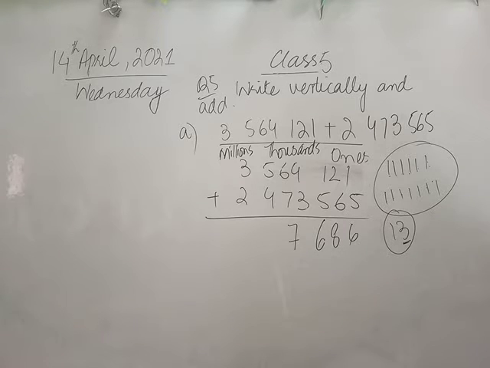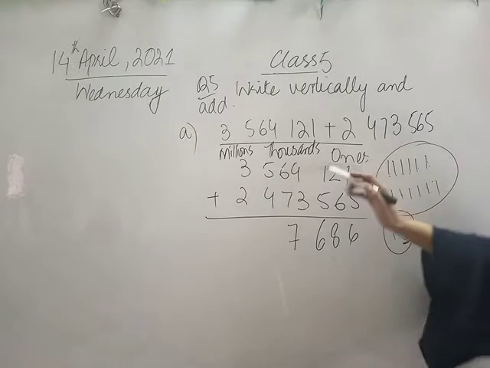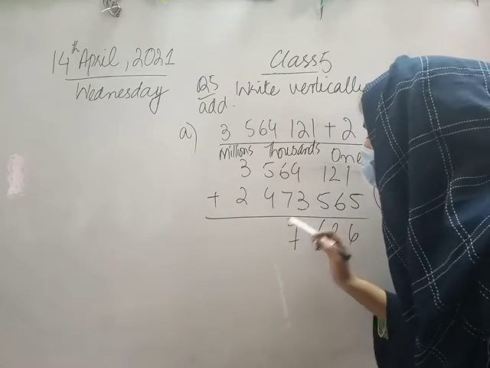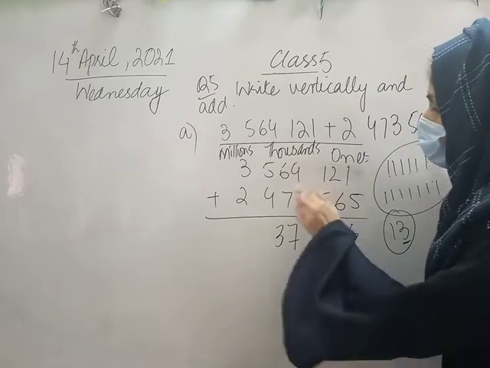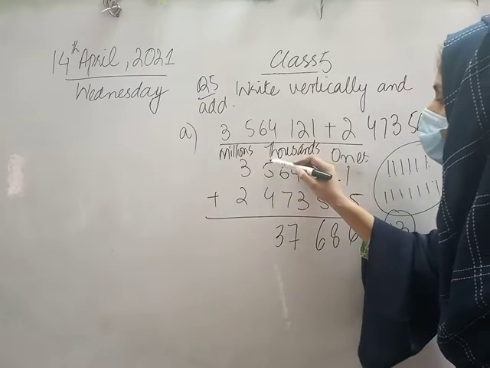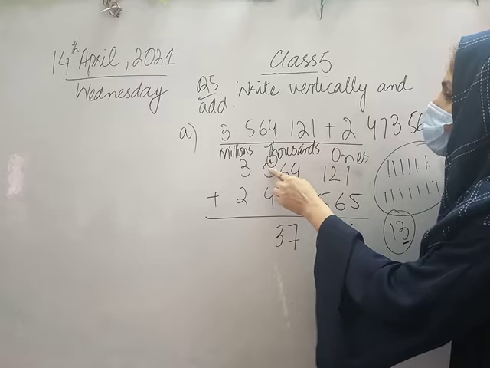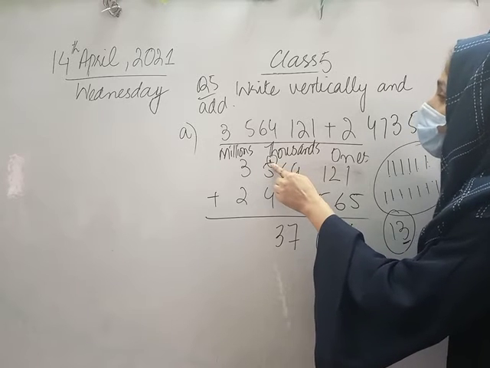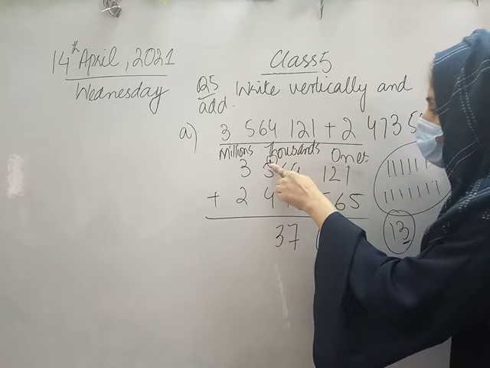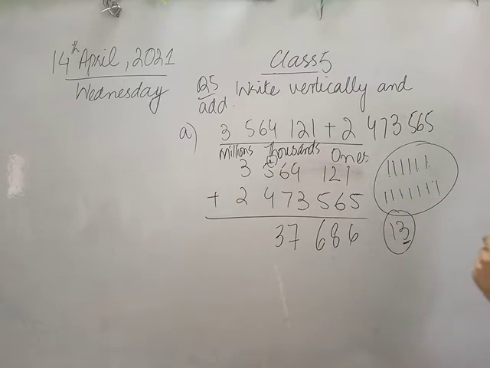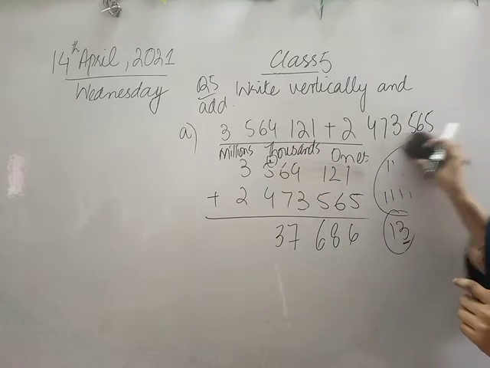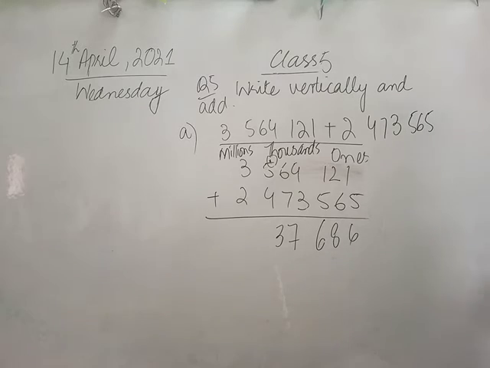So when we have a 2 digit number while solving addition, we just consider the unit place and write the unit place below 7, and the tens place, which is 1, is written as a carry. Okay? Which is on 5.